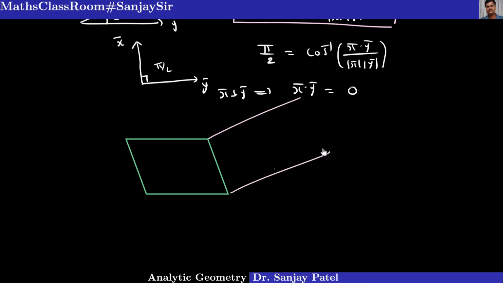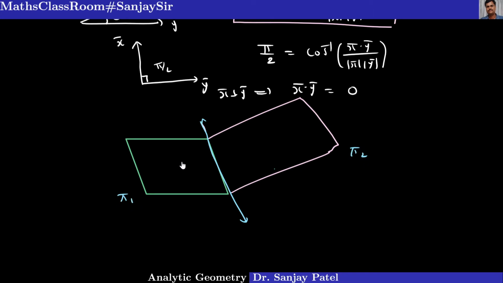So these two planes are intersecting planes. If two planes intersect each other, then their intersection is a straight line like this. This is one plane, this is another plane.